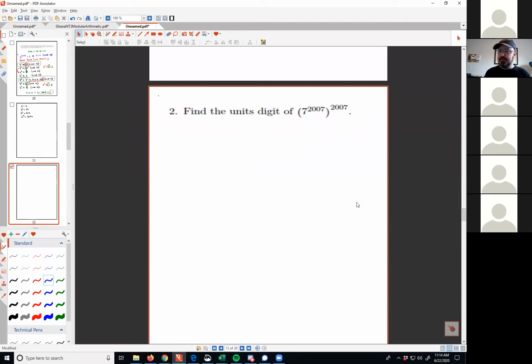But we only need the units digit, so we can work modulo 10. Maybe we could start by finding a pattern with the units digits, and then figure out which term in the pattern this number corresponds to. Okay, so maybe we can work with this 7 to the 2007th first and look for a pattern of remainders of powers of 7.